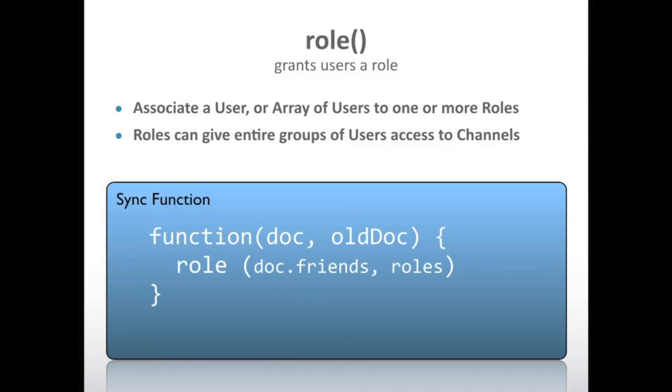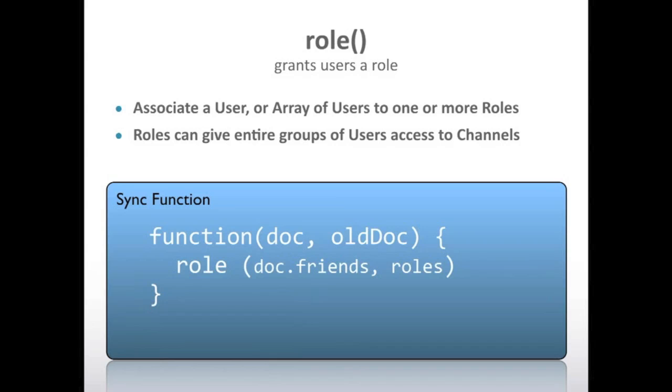Now, if you did associate users with roles, so you're granting users access to a role, and you create that role at a later point through the API, all these associations will still be valid and be enabled. The role will be enabled once you create it in the REST API.